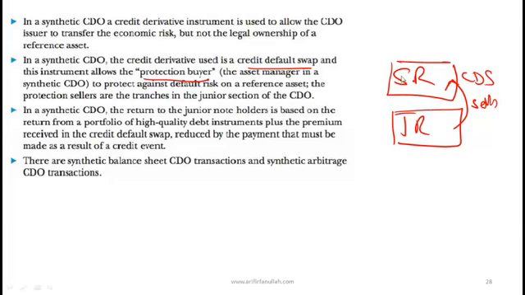Now notice, when the senior buys the CDS, he is paying a premium, because anytime you buy insurance, you pay a premium. By buying these CDSs, isn't the senior reducing his risk of default associated with any underlying instruments? So he is reducing his risk, but then his return is coming down because of the premium that he is paying for this insurance.